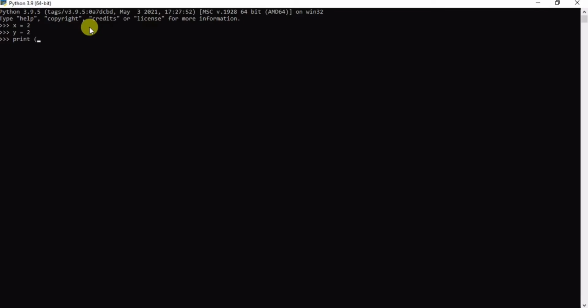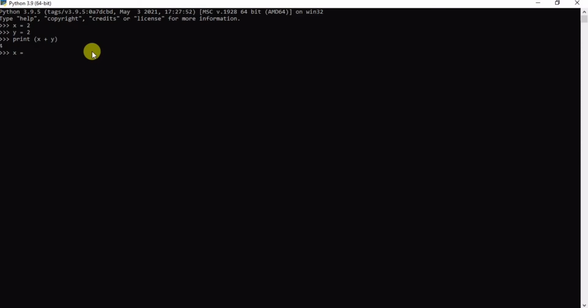After that we print the value x plus y, which is used for addition. We can see the result is 4, that is x plus y is equal to 4.